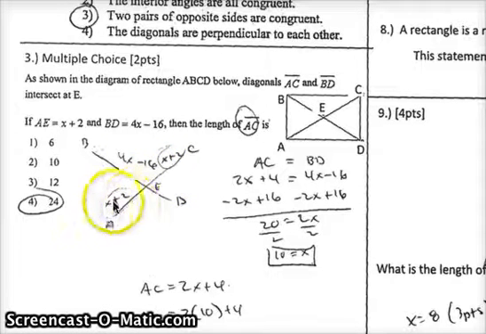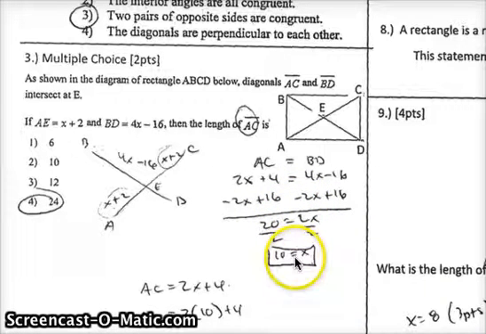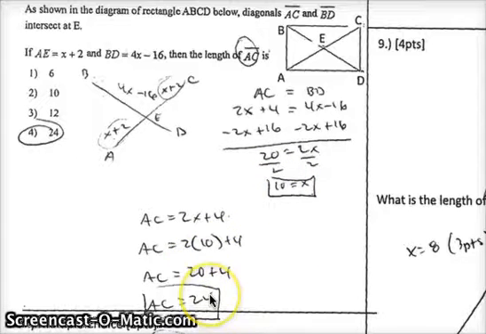So you would have to copy x plus 2 up here. BD is also the other diagonal, so you just set them equal to each other. And you get x equals 10. When you get x equals 10, you'll get AC to be 24. So the common mistake is to think x is equal to 10.